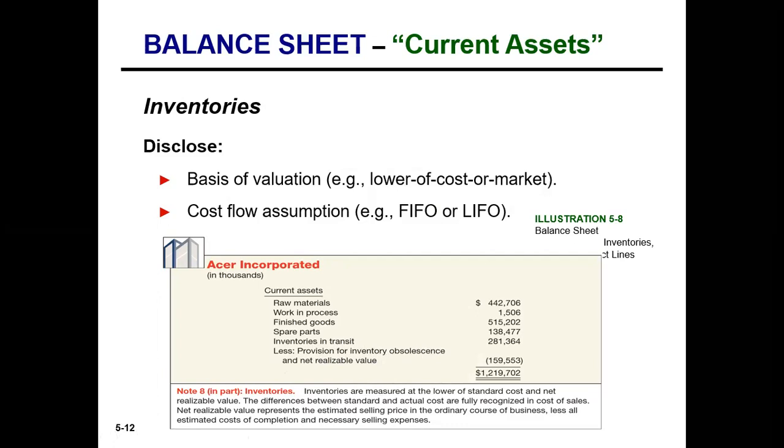Inventory that becomes obsolete or we can't sell for some reason anymore. And then if our inventory has lost its value at some point, either because of obsolescence or the values decrease, we want to calculate that net realizable value on our inventory.